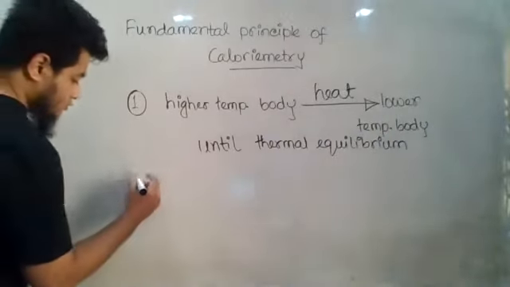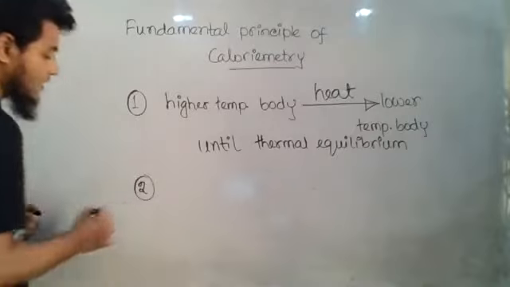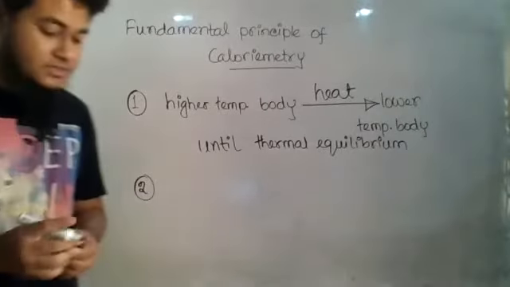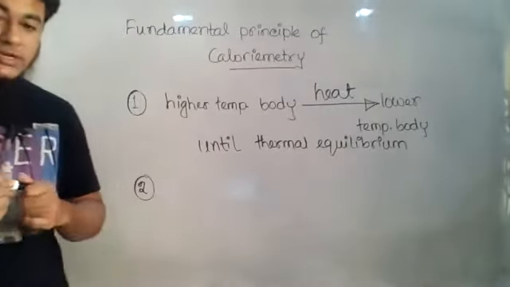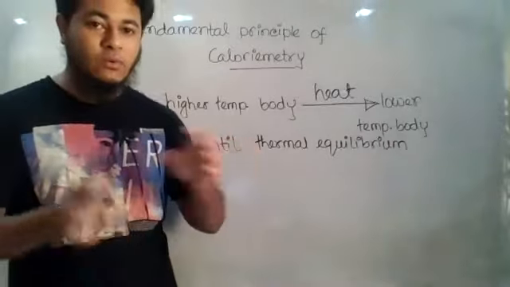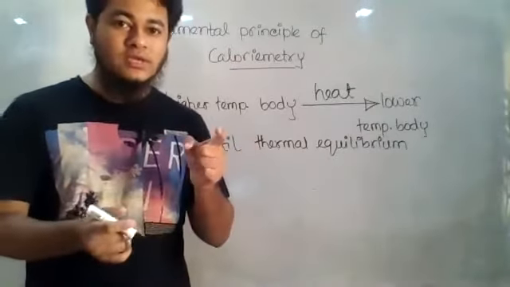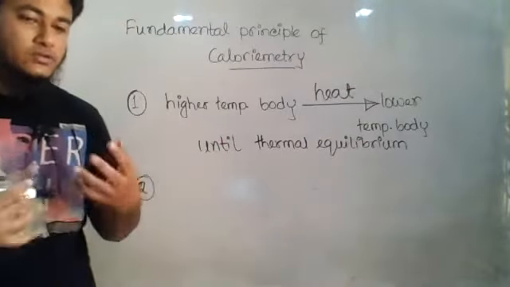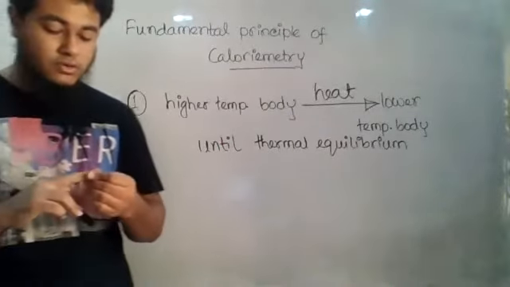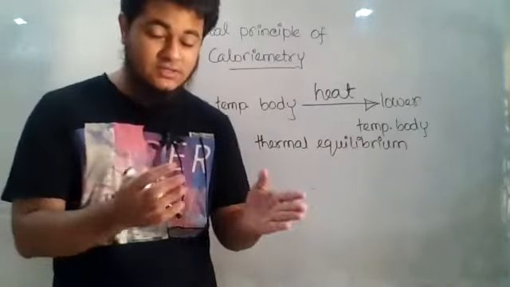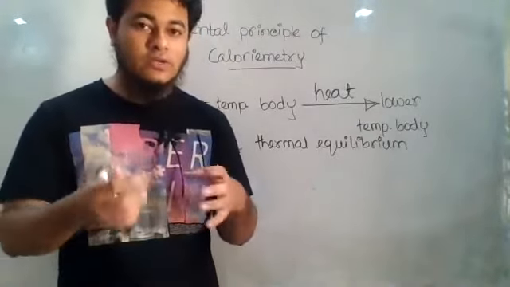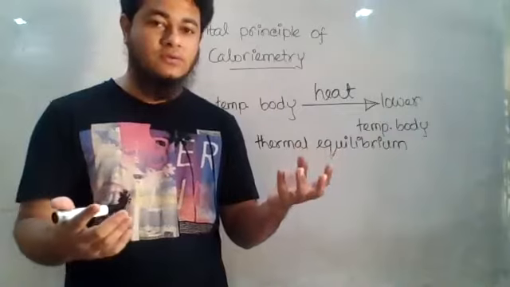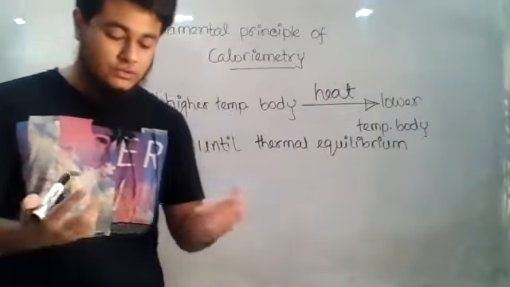Number 2, we will not consider any heat loss. The heat energy given up by one body will be equal to the heat received by the other body. This is not actually the actual scenario. Whenever heat transfer is taking place, some heat always gets lost in the environment, and we cannot catch it.